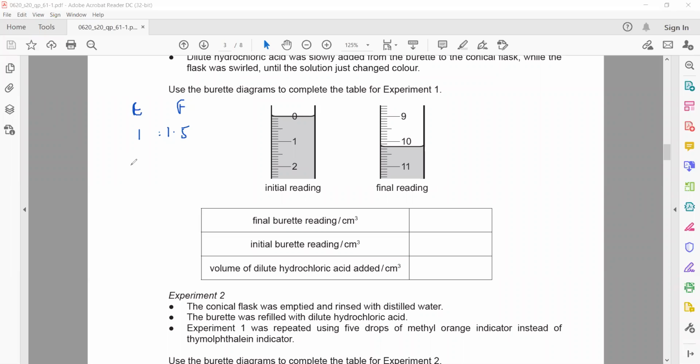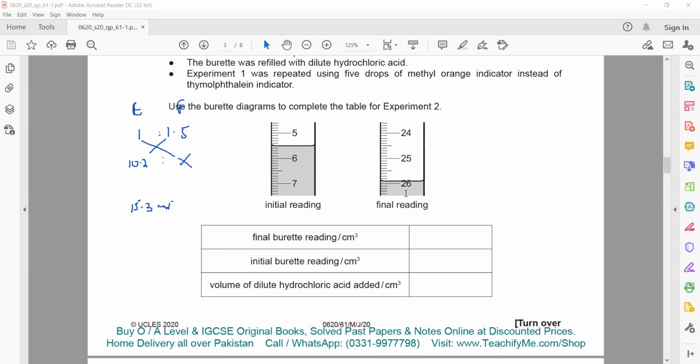So for a reaction, if for 25 cm cube of E I need 10.2 cm cube of HCl, then how much HCl do I need for F? It will be X, 1.5 times. So cross multiply. This will come out 15.3 cm cube. Is it clear?